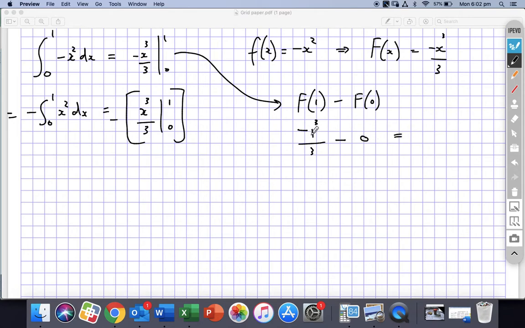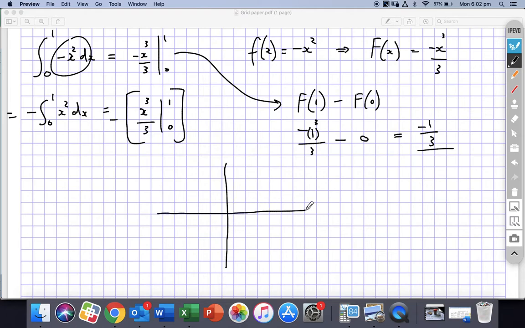So minus 1 cubed on 3 is minus a third, and you've got that as your integral value. But if you then think about areas, the original function here is y equals x squared.